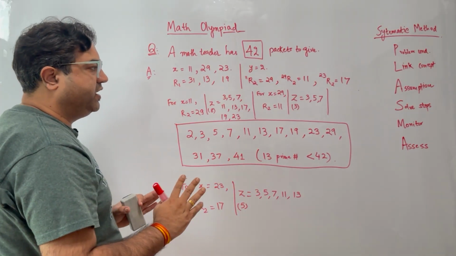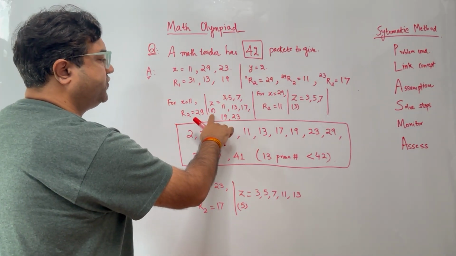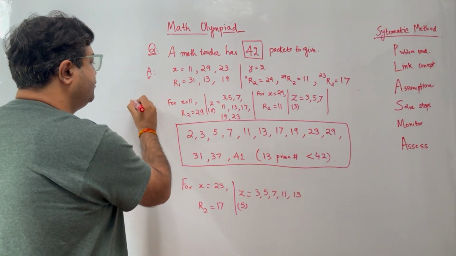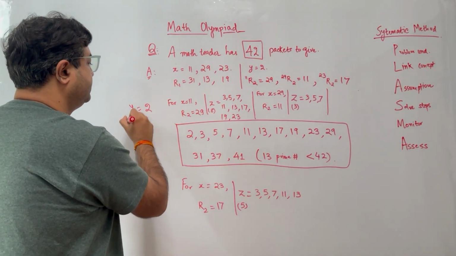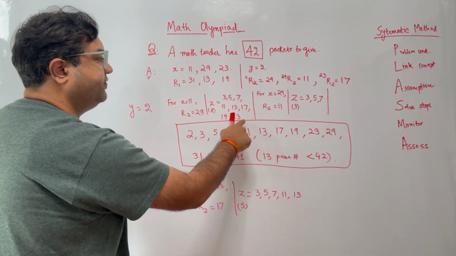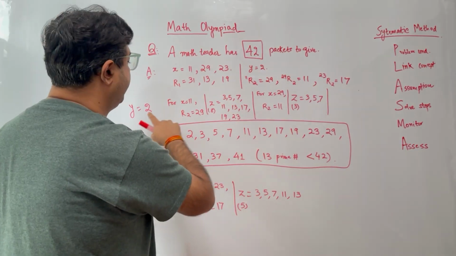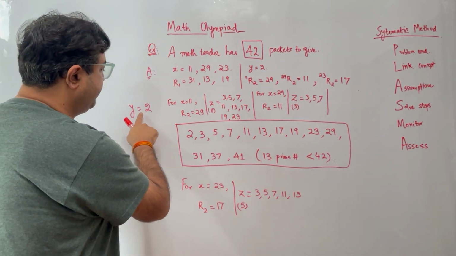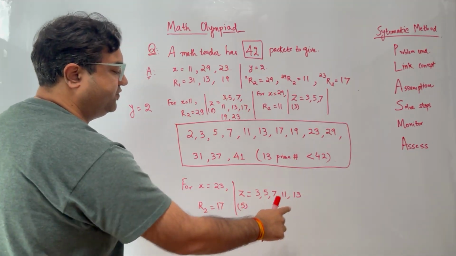So now we have 8 combinations from here. For x is 11, y is anyway 2 always, and z can be 3, 5, 7, all these 8 values. For x is 29, y is 2, and z can be 3, 5, 7. And for x is 23, y is 2, z can be these 5 numbers.